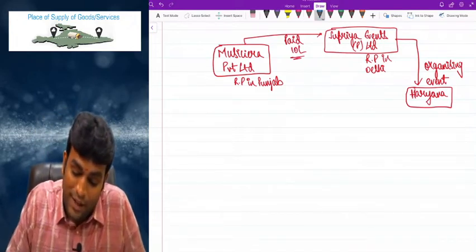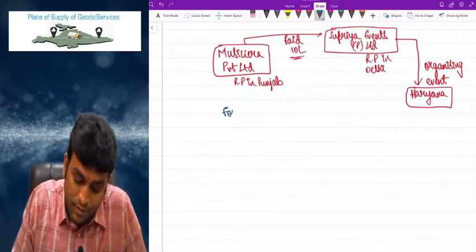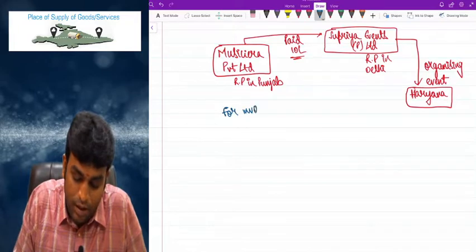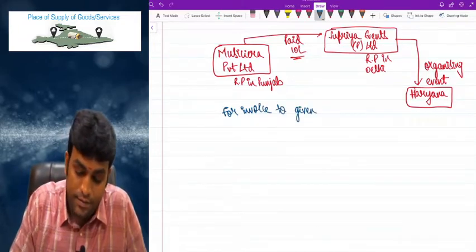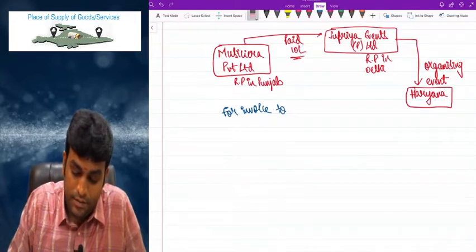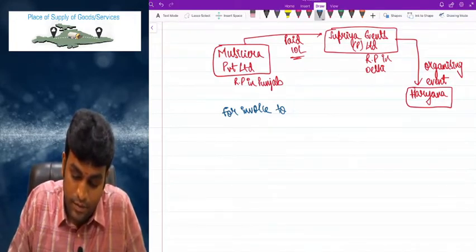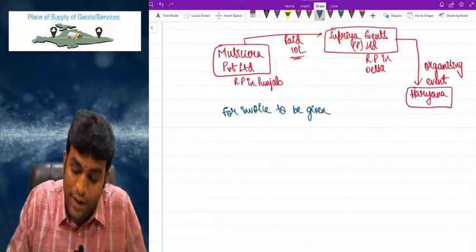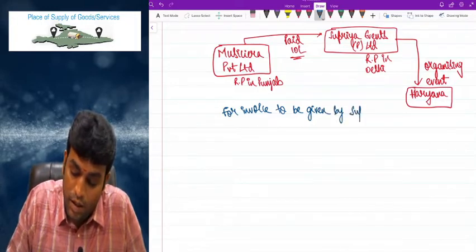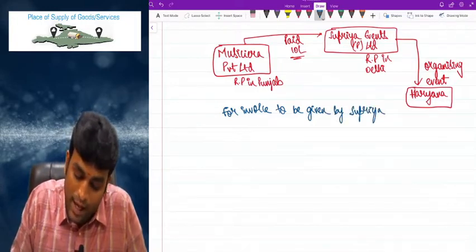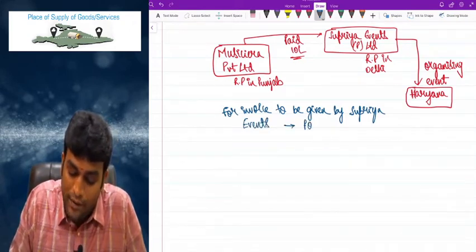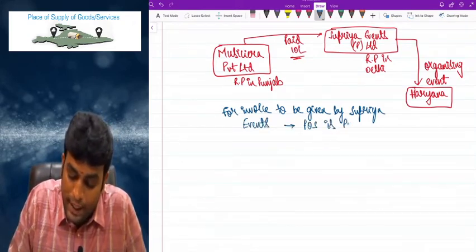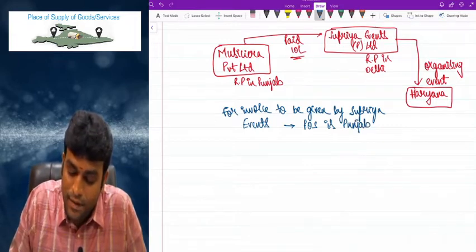And if you observe in this case, my dear friends, for the invoice to be given by Supriya Events, place of supply is straight away, my dear friends, Punjab. Why Punjab?